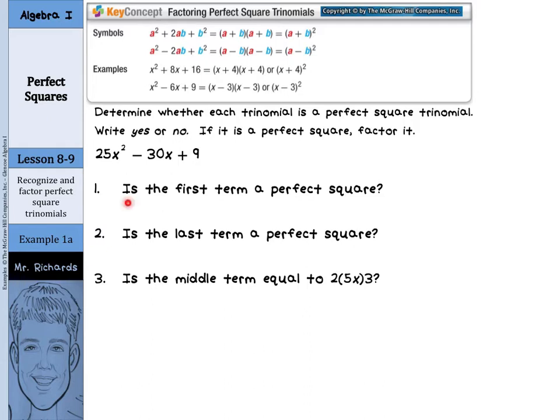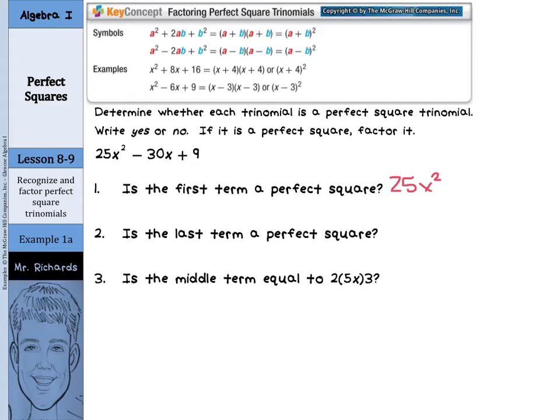Well, we have, again, 25x squared minus 30x plus 9. And we're first asked, is the first term a perfect square? Well, this first term here is 25x squared. Now, is it a perfect square? Can I take the square root of that and end up with a number? Sure.